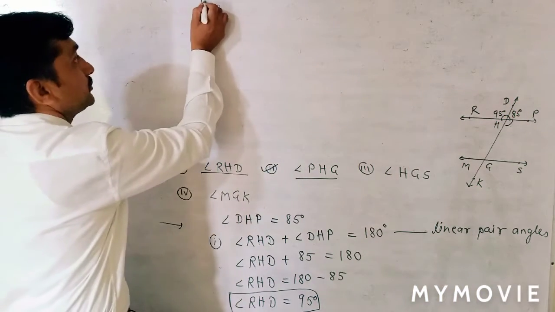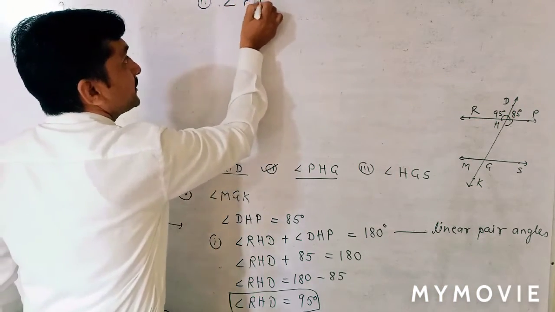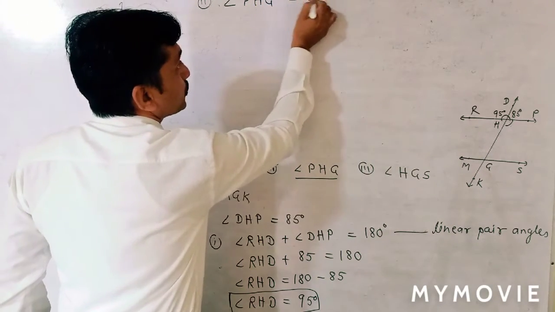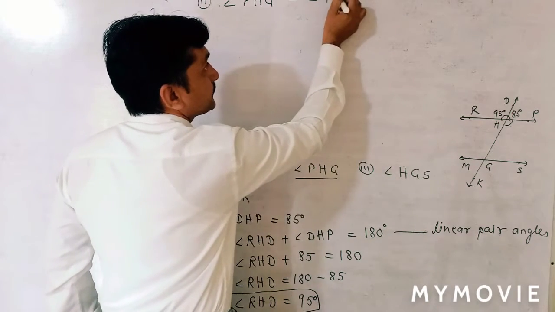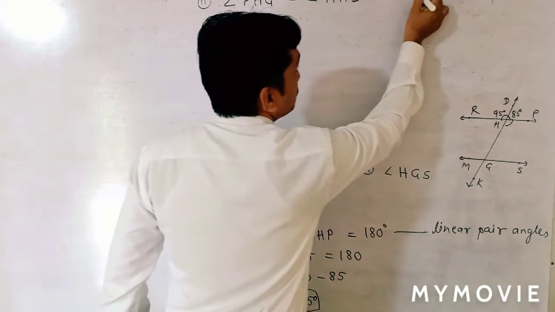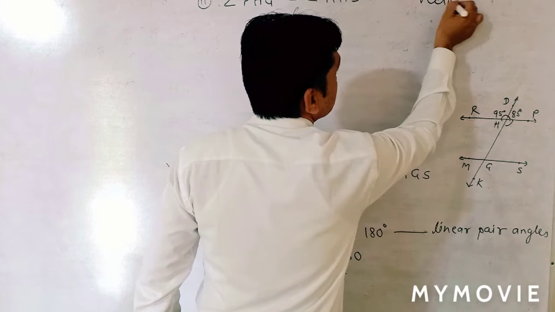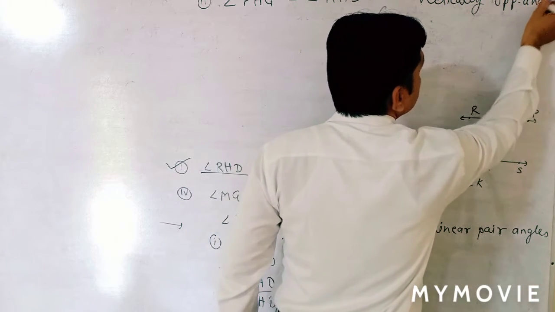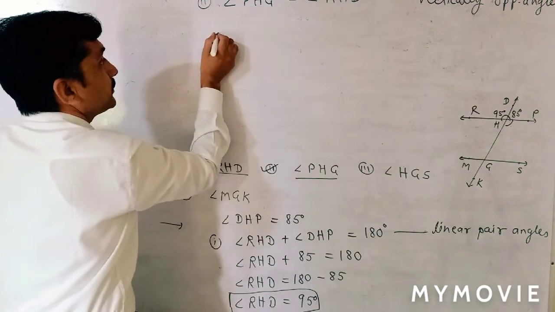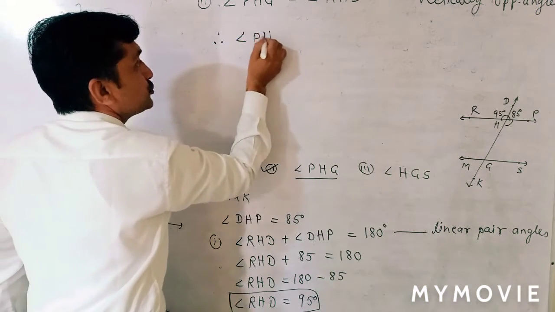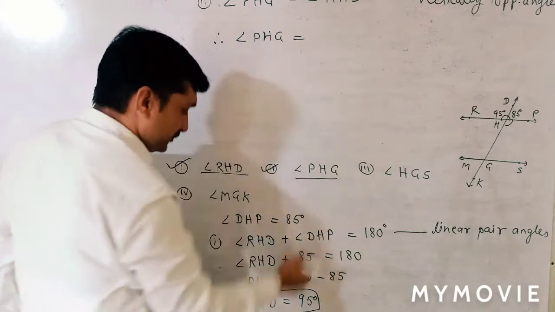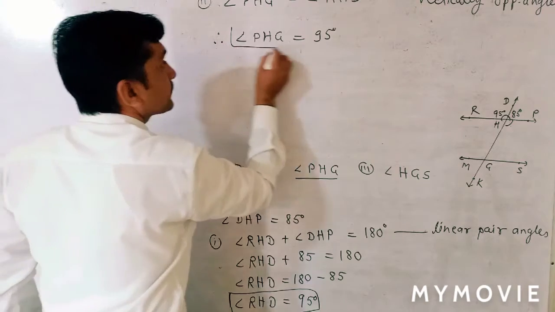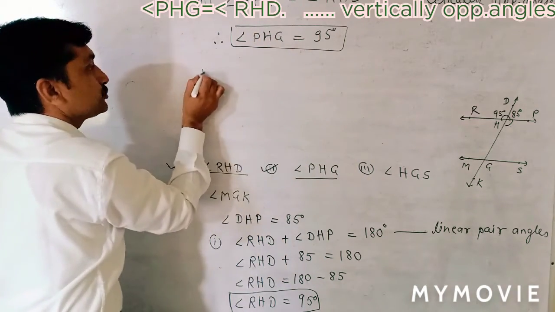Therefore, second number, angle PHG is equal to angle RHD, and here the reason is vertically opposite angles. Therefore angle PHG is equal to RHD. We know RHD is 95 degrees. Second angle also we got.